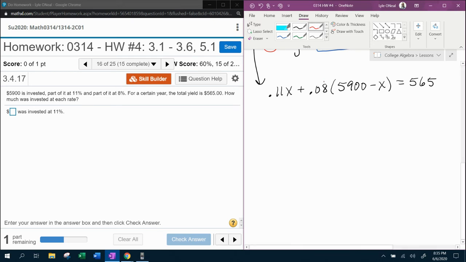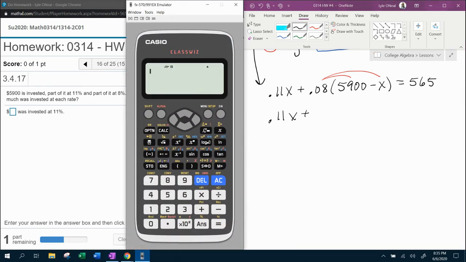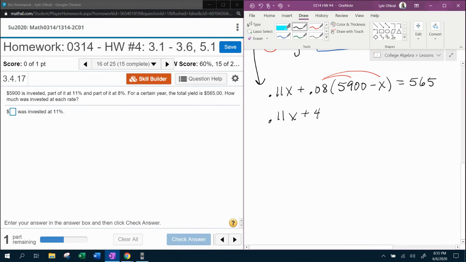So the next step is to distribute. 0.11x plus, bringing up our handy-dandy calculator, what is 0.08 times 5,900? 472. So 472 minus 0.08x equals 565.